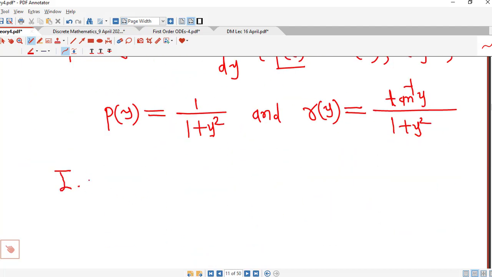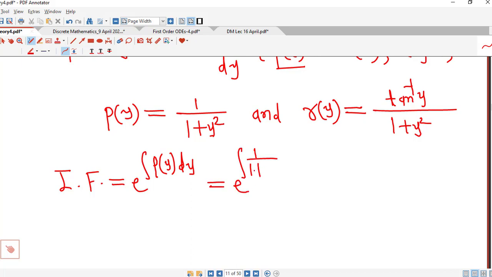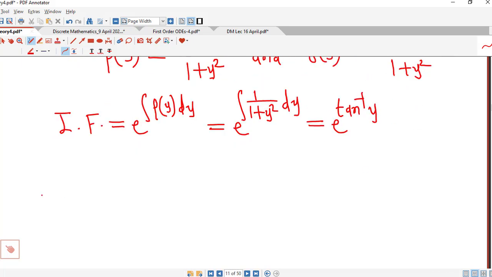Now we find the integrating factor. Integrating factor is given by e to the power integral of P(y) with respect to y. Integral of P(y), that is integral of 1 over 1 plus y square with respect to y. Integral of 1 over 1 plus y square is tan inverse y. This is the integrating factor.